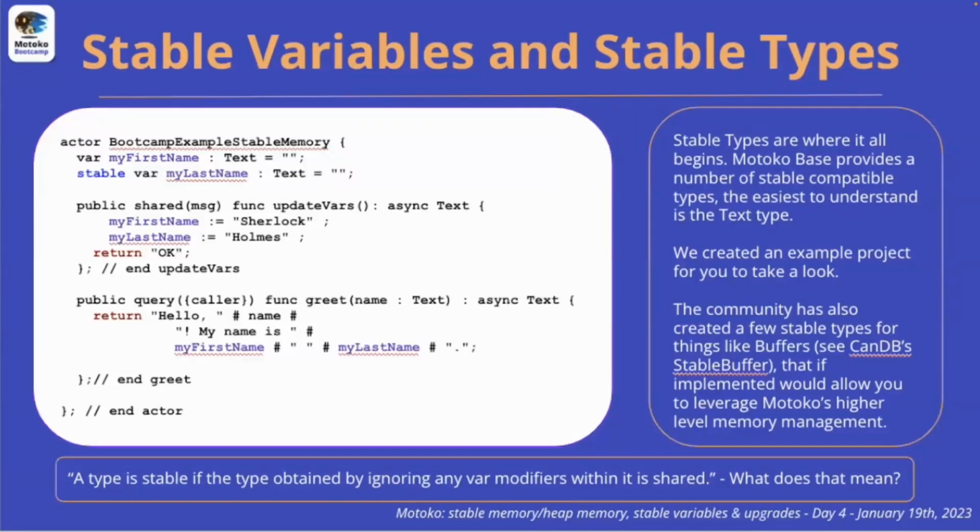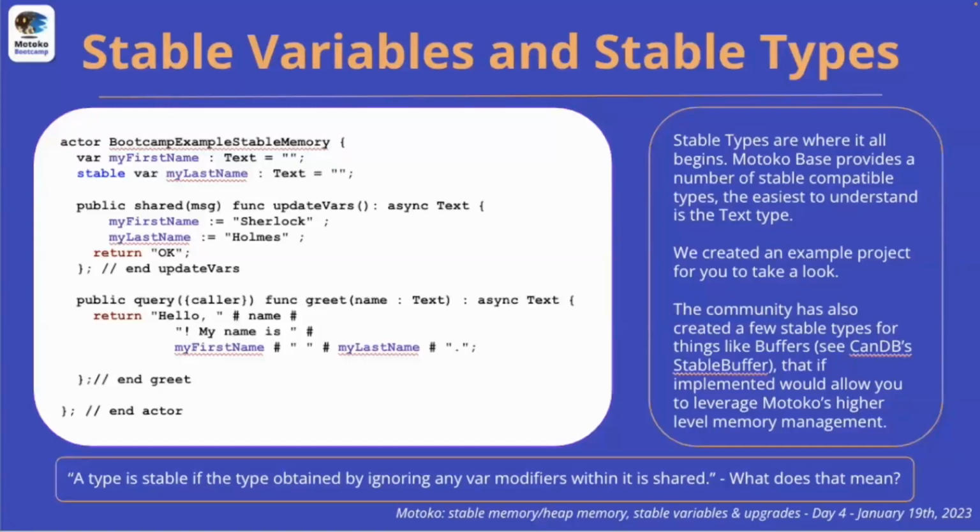And as you can see in this slide, which I'll go reference directly in VS Code, I've declared a variable of type text called first name. I've declared an additional variable as stable, right?